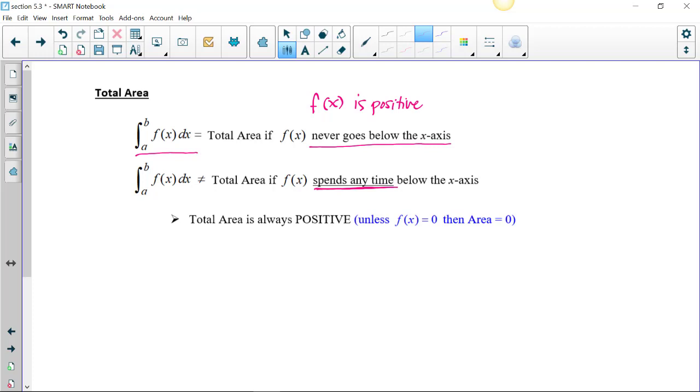It just gives us a number. When we're talking total area, it will always be positive, unless, of course, my function is f of x equals 0, or y equals 0, then there is no area between the function and the x-axis, because the x-axis is y equals 0.